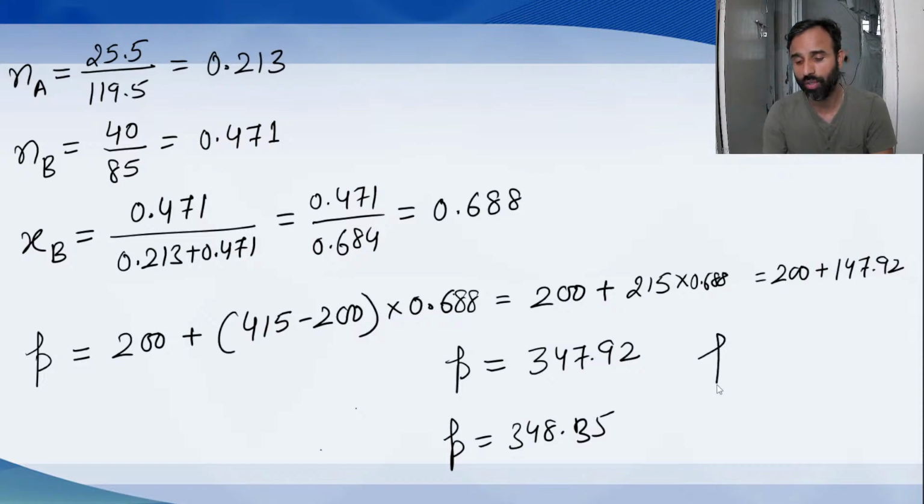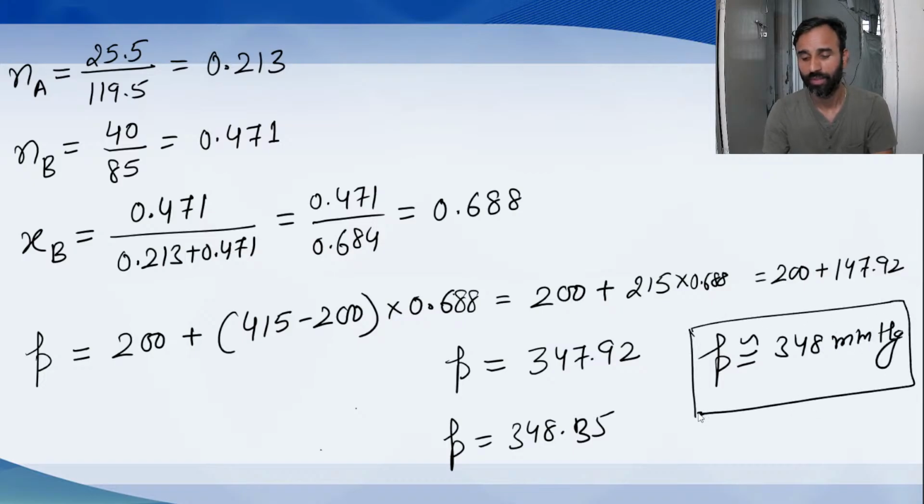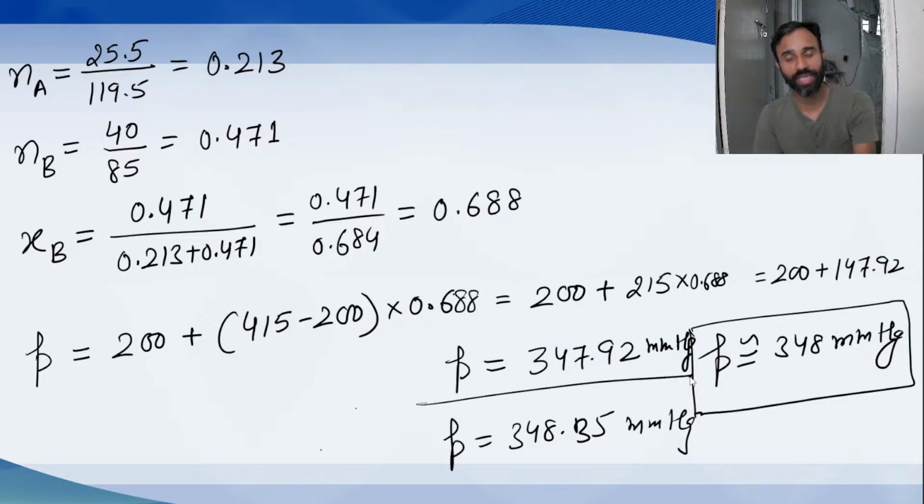Means roundabout P is 348 mm of Hg. You can take it as 347.92 or 348.35. Okay, it is the almost exact. It is the estimate, and average value comes out to be 348 mm Hg.